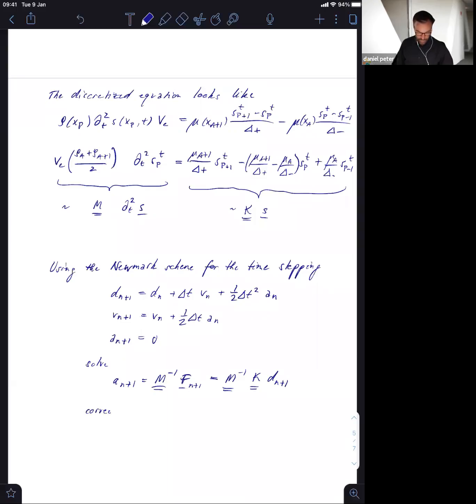And then we have this final correction step where we correct the velocity using this updated acceleration field.